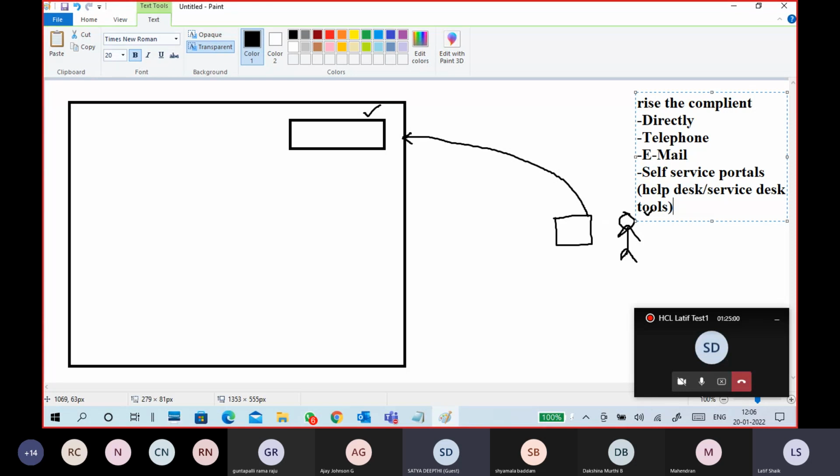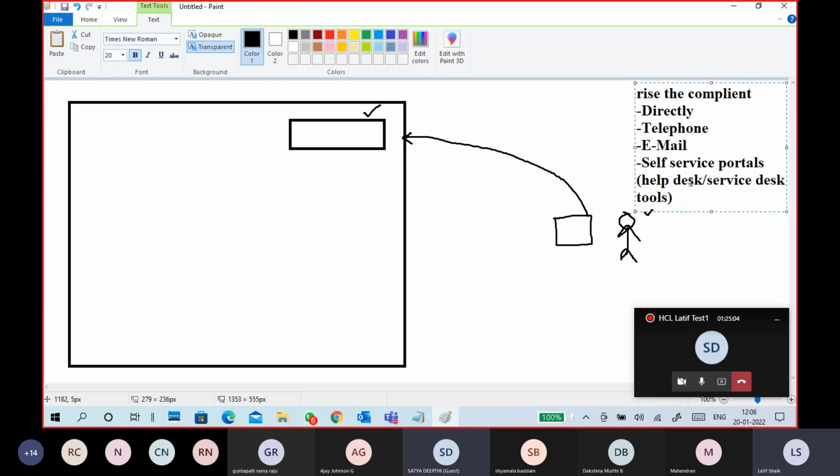Tools are a software or a website kind of thing. Everything is the same, don't get confused. A tool, a software, or a web application is also the same. Through a self-service portal, help desk, or service desk tools, you can raise the complaint.